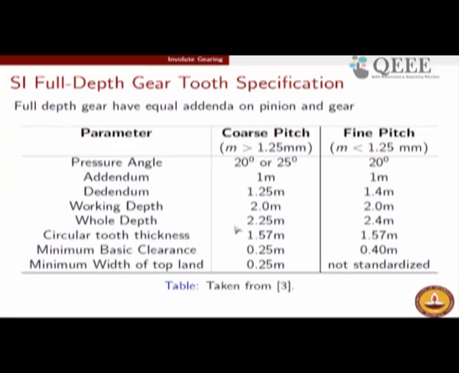And as I said yesterday, the pressure angle together with the module determines all the geometric dimensions for the gear tooth, and these have been arrived at after extensive simulation and experimentation over the years, and therefore these dimensions are taken as standard.